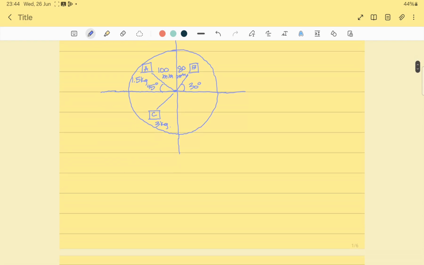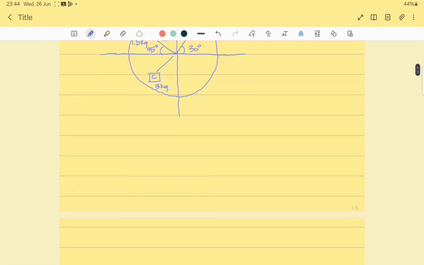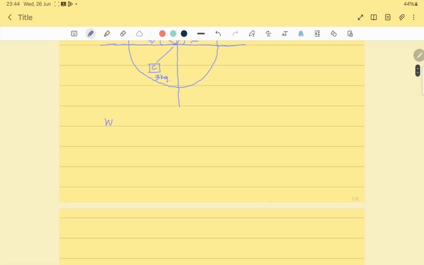So the first step that we need to do here is to write what we know. We know the mass A is 1.5 kilograms. The angle is 135 degrees and the radius of A is 100 millimeters.